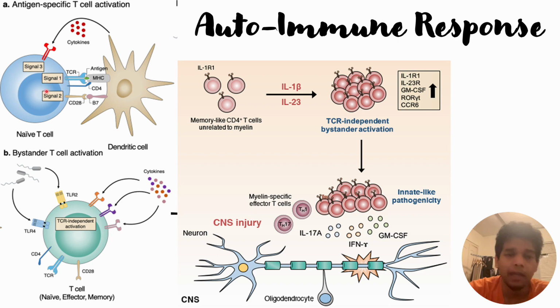And in order to completely activate these naive T cells, other signals also need to be provided. One of the signals is provided with the help of the CD28 and B7 interaction.